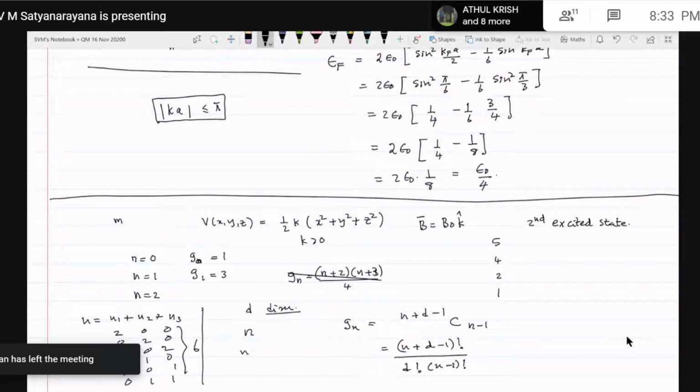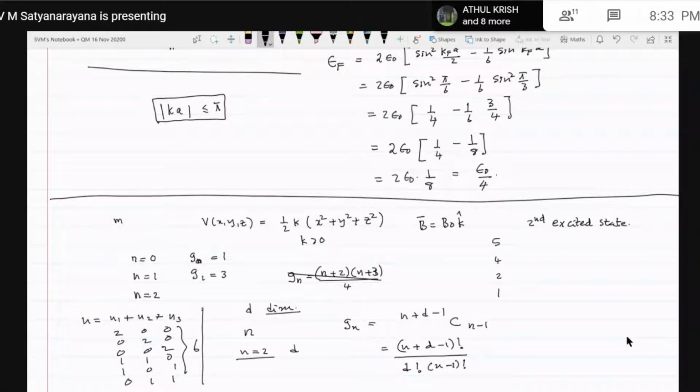So if you take n equal to 2 and d equal to 3, this is 3 dimensions. 3 plus 2 is 5, 5 minus 1 is 4, 4 factorial divided by n factorial and d minus 1 factorial, so 2 factorial and 2 factorial.